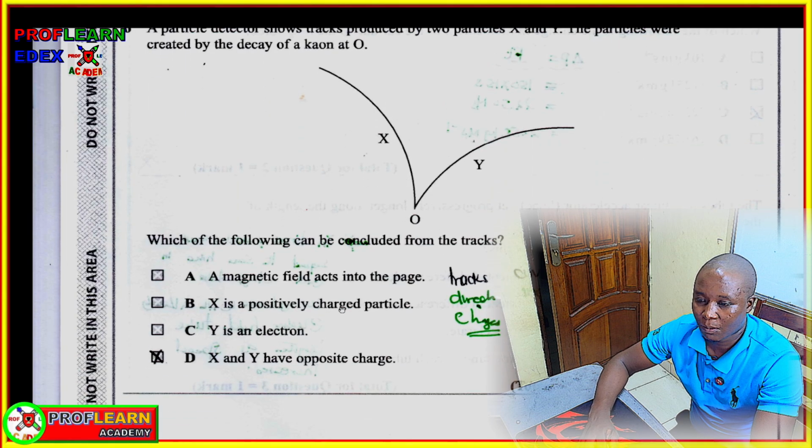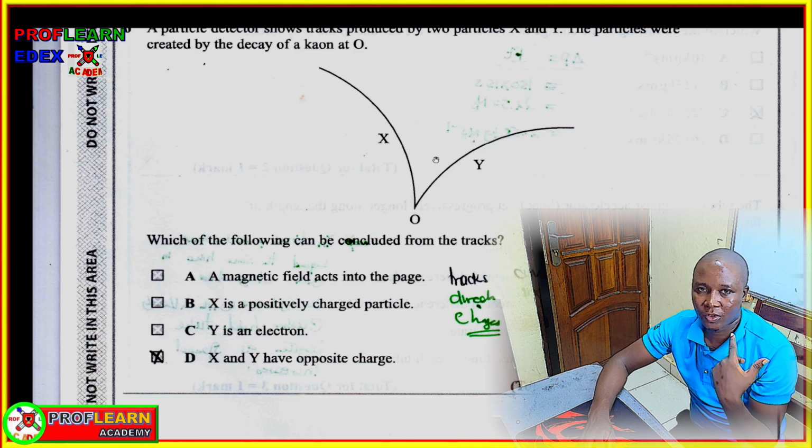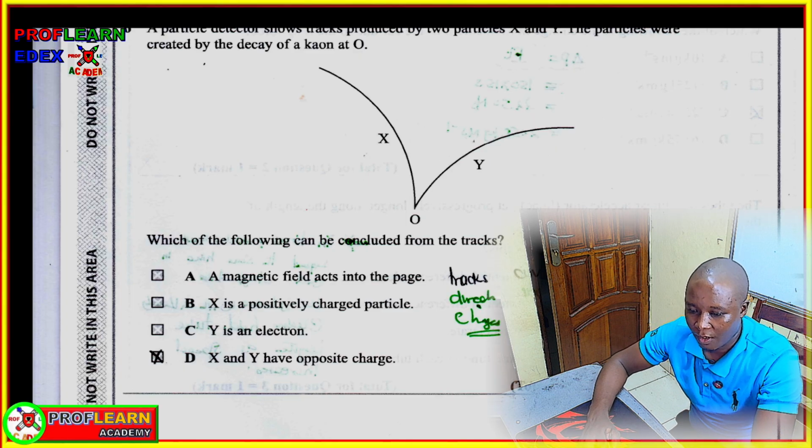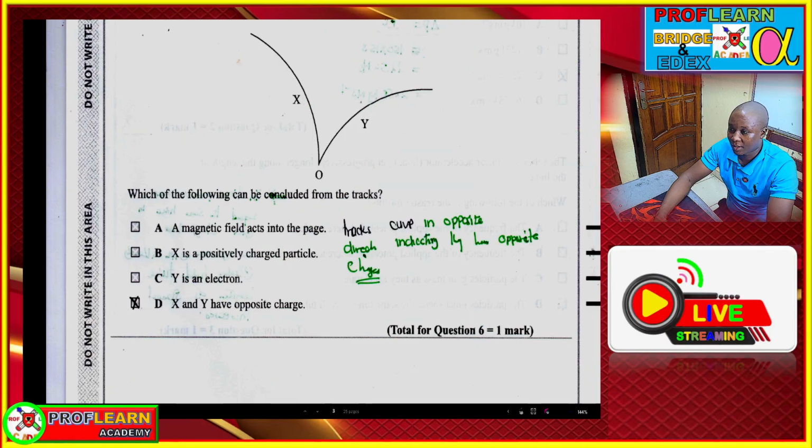X is positively charged, but we cannot conclude the type of charge unless we know the direction of the magnetic field, whether into the page or out of the page. Then we can apply Fleming's left-hand rule. So the only conclusion we can make is that X and Y have opposite charges, since they are moving in opposite directions.